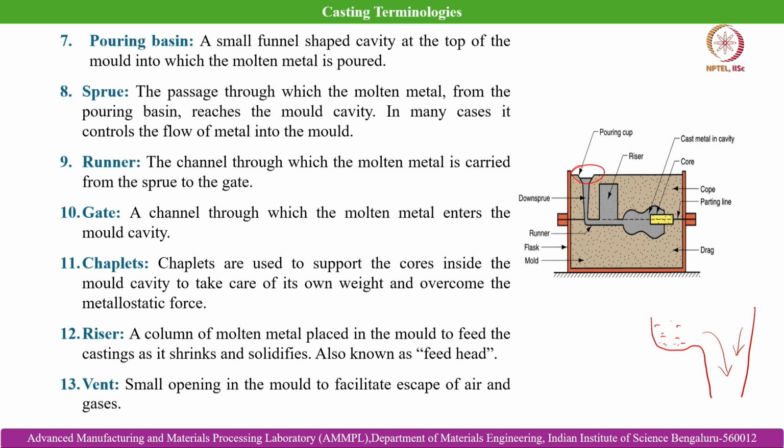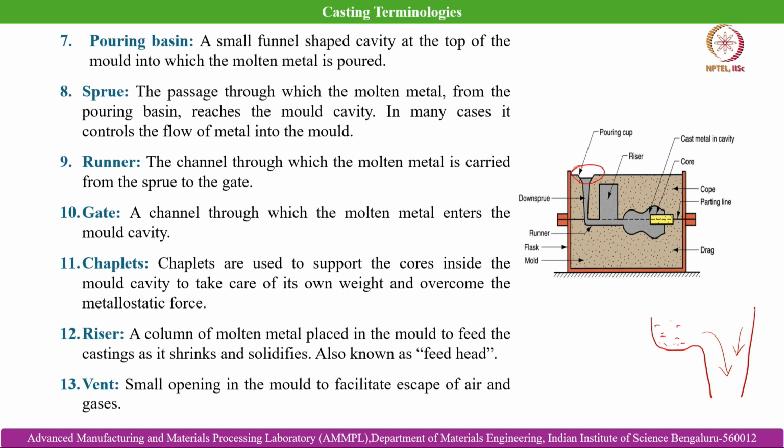That is the essence of the pouring basin, and it also helps in reducing the turbulence and velocity of the liquid melt, so that it flows through the sprue in a laminar fashion, and so the melt flow rate can be controlled, and thereby chances of turbulence and gas absorption within the liquid melt can be minimized.